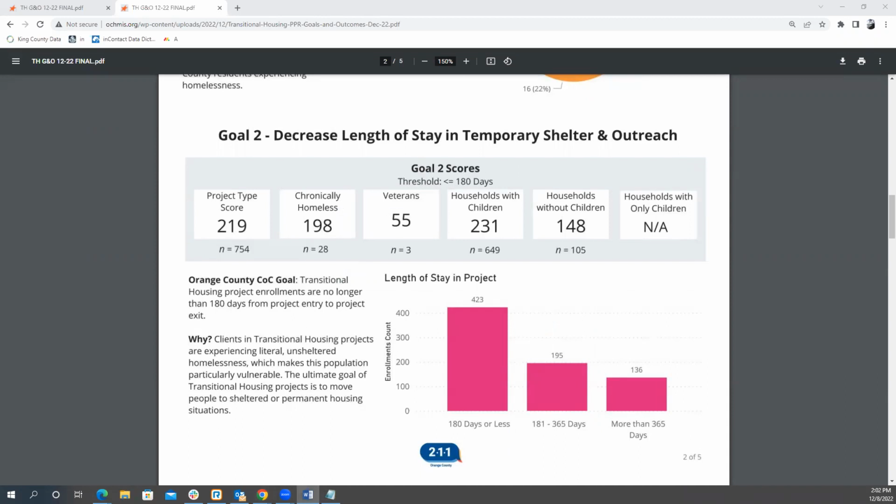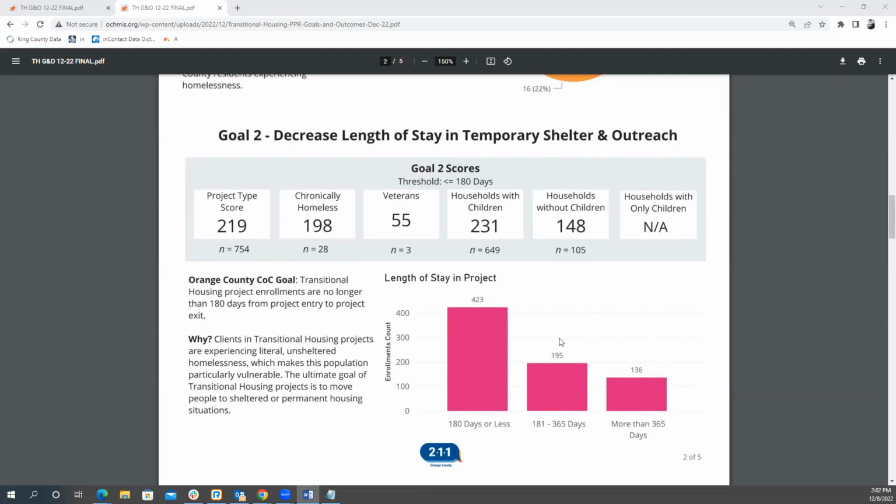Our next measure is how long clients are staying in transitional housing. You can see that families, so households that have children, are on average staying in transitional housing projects longer than households without children.